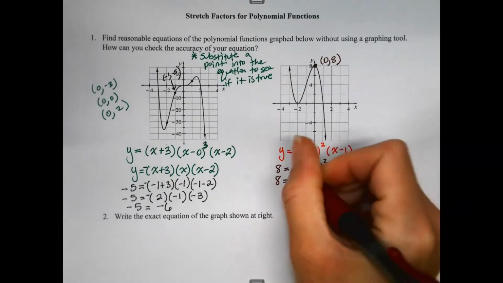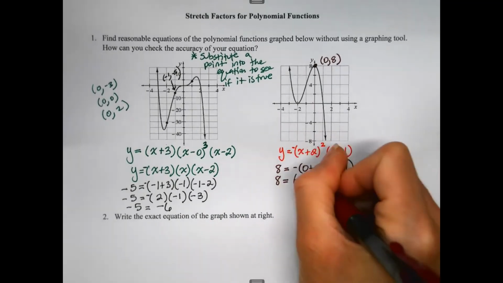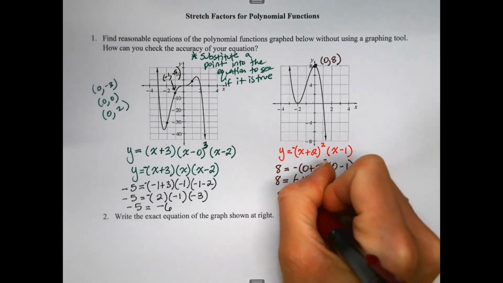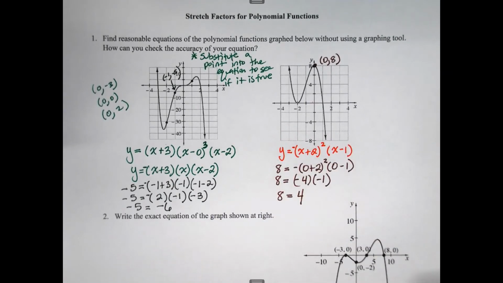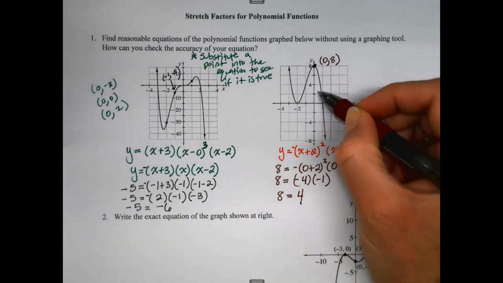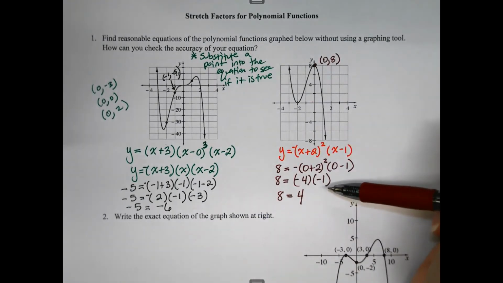When I do this, I get -4 multiplied by -1, and it says that 8 is equal to 4. Well, that is not an accurate representation. We would expect this graph to only go up to +4. And so what we are missing is our stretch factor. And we've talked about stretch factor before. It's that a that goes in front of our equation.